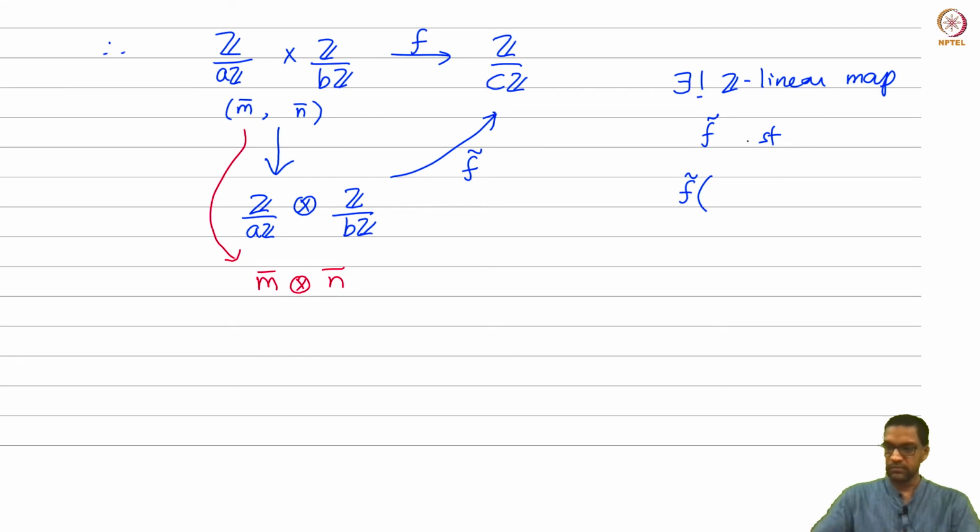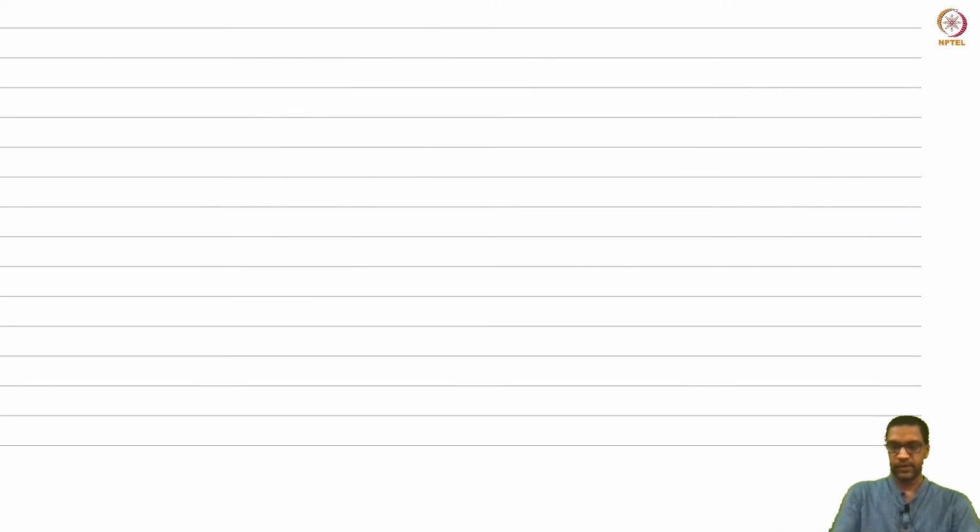So my property here is that m bar tensor n bar is mapped to f of mn, which was by definition mn plus cz. Now the claim is that this map is an isomorphism as before. Claim: F tilde is an isomorphism of Z modules.